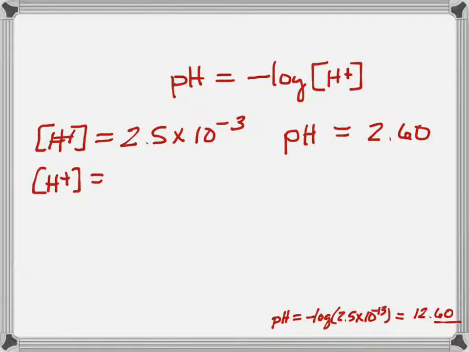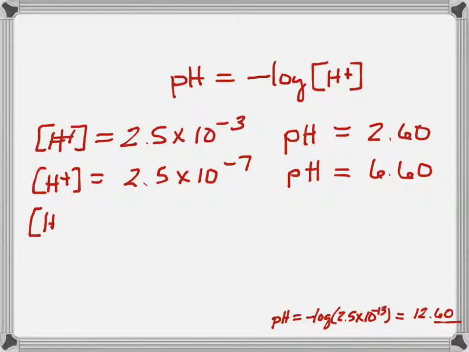If the hydrogen ion concentration is 2.5 times 10 to the minus 7, pH is 6.60. Right? Check me on that.